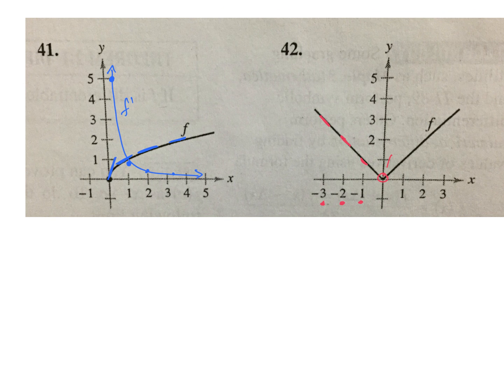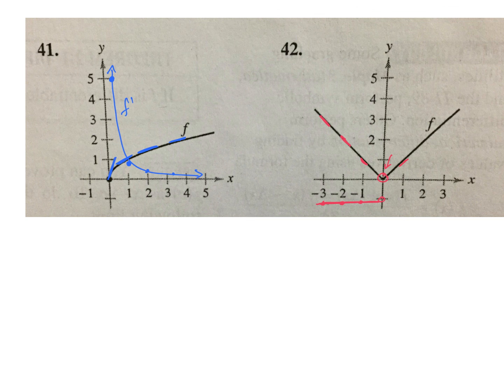How about right there on that sharp turn? There is no slope. Why is there no slope? Because it's a sharp turn. All right? But everywhere to the left of 0 is what? -1.